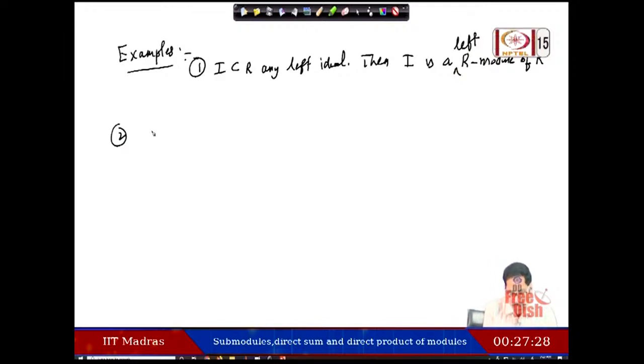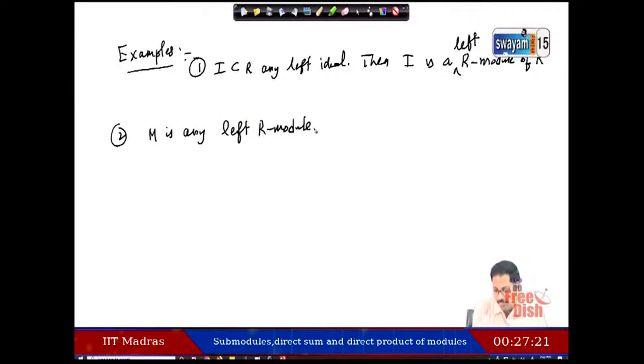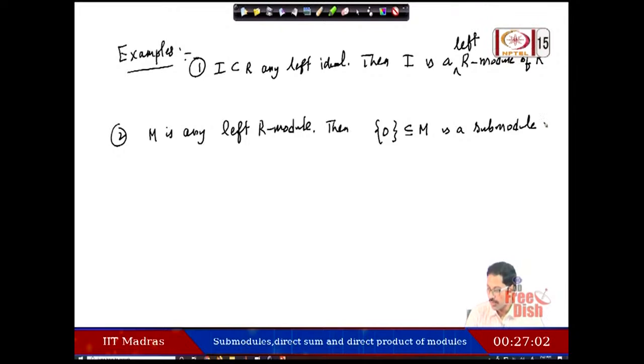Suppose M is any left R module. If we look at the singleton {0}, the additive identity, then this is always a submodule of M, a left submodule, of the same nature as M. It is known as the zero module.